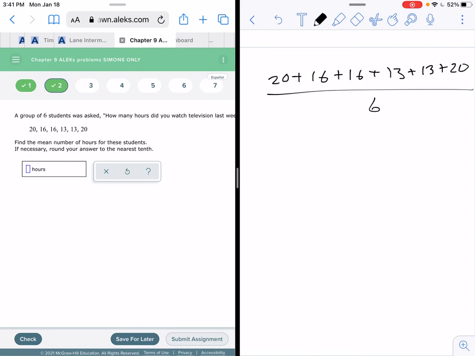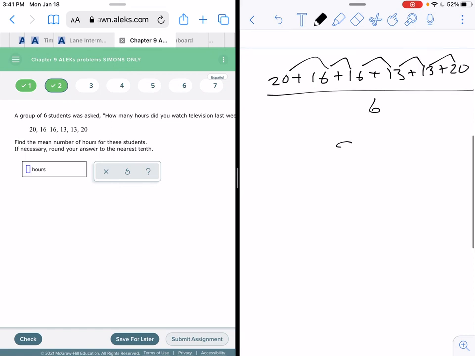So we're going to add this up now. I'll stop talking. We'll go 20 plus 16 is 36, plus 16 is 52. And then 52 plus 13 is 65, plus 13 is 78, plus 20 is 98. So we have 98 divided by 6.